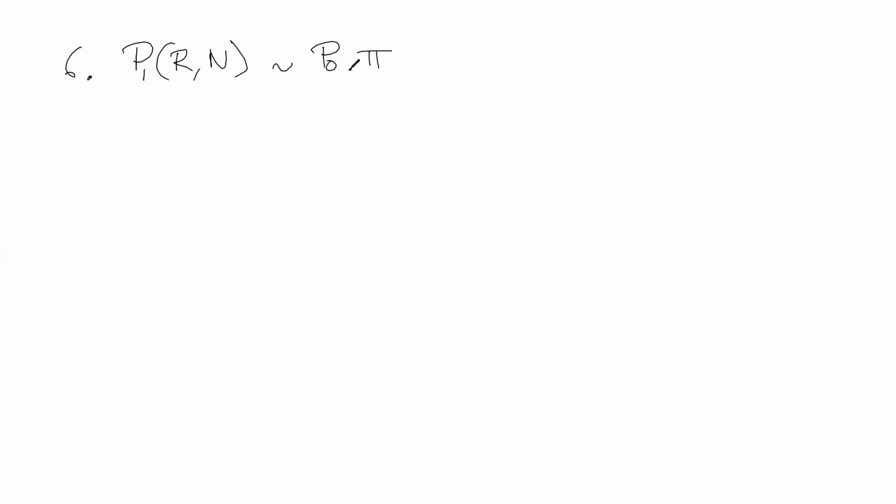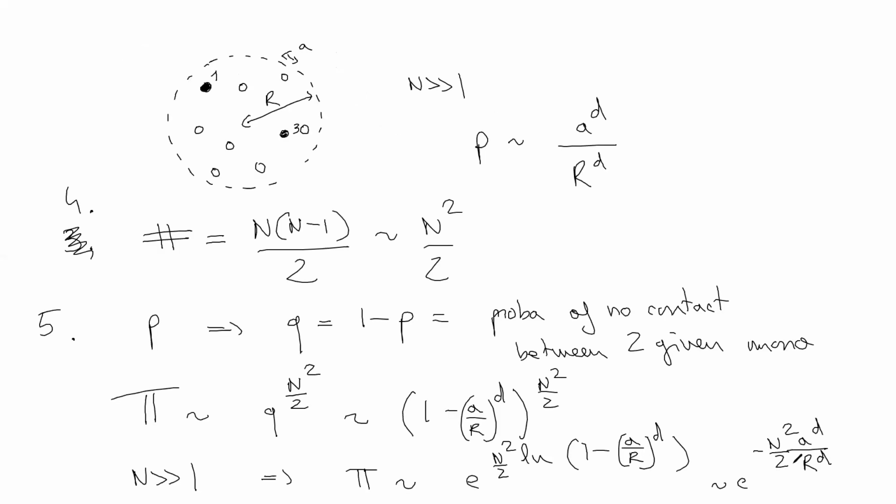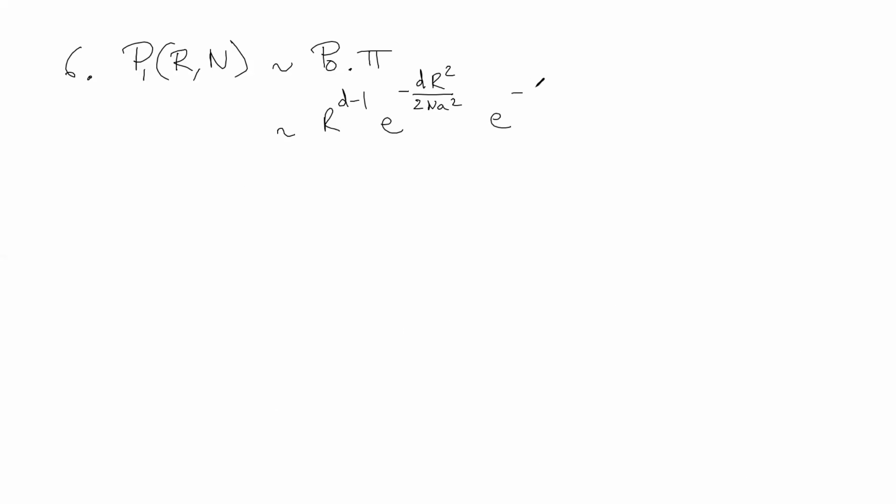Okay, so that's what I want to do, and I want to say then, since I know P0, I already know the result. It's minus R squared with dimension D over 2NA squared, and then pi. Now I just calculated pi. It's here, so it's provided by a term in minus n squared over 2, and so it's not a squared, but it's a to the d over r to the d.